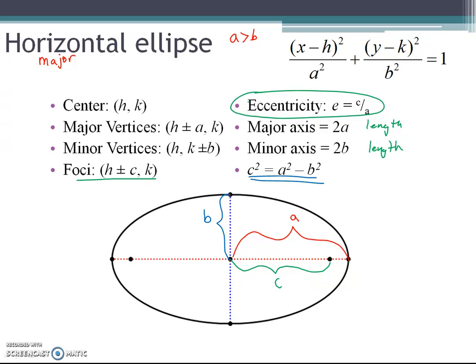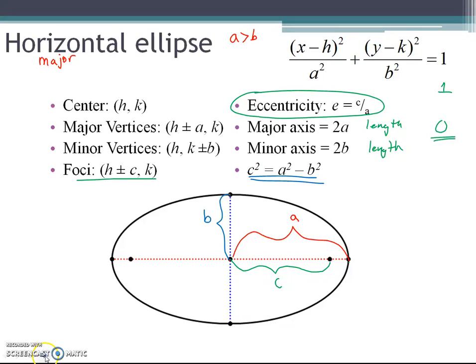You make a fraction of the c value and divide it by the a value. And so the closer you get to 1, you get to be very, very oblong. In other words, the c value is big when compared to the a value. Whereas the closer you get to 0, the more circular it is.